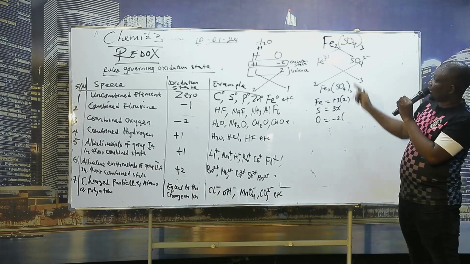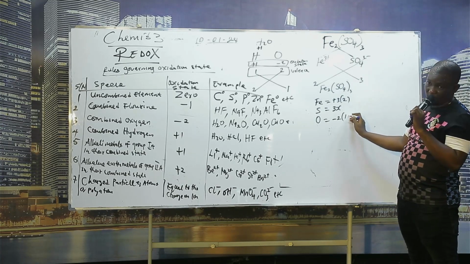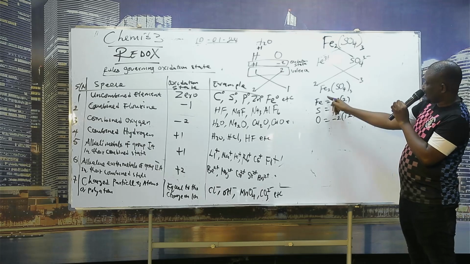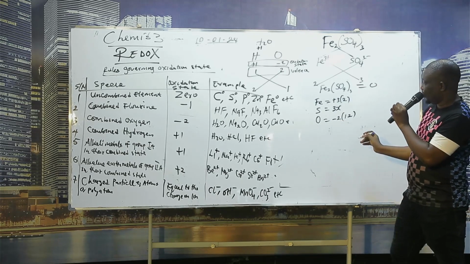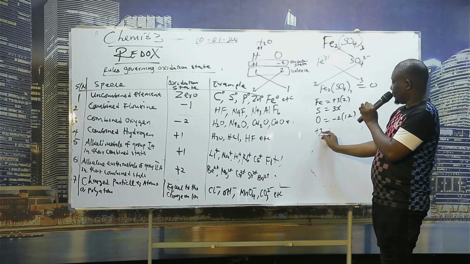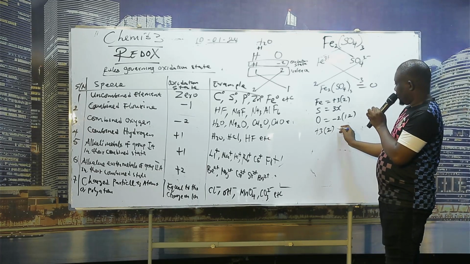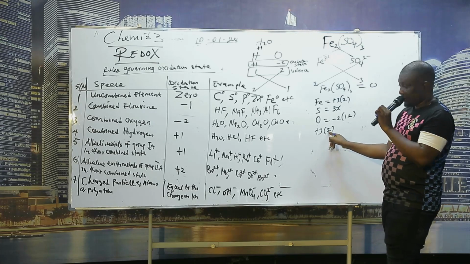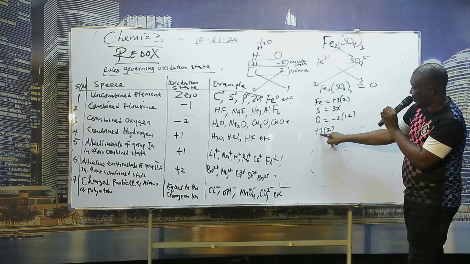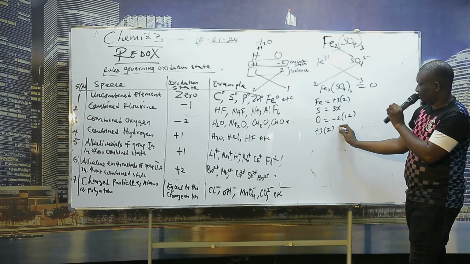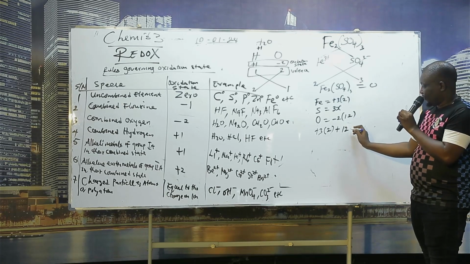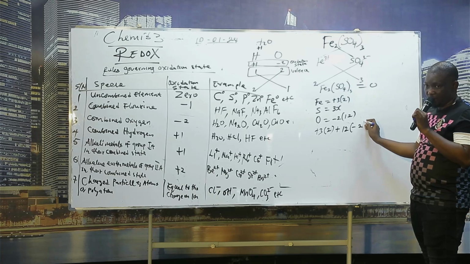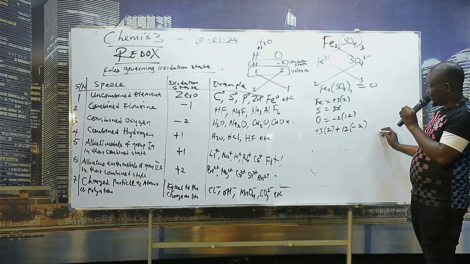Remember that this is equal to 0. Plug these values in. You now have plus 3 times 2, iron, plus 3x, plus 12 times minus 2, everything equal to 0.